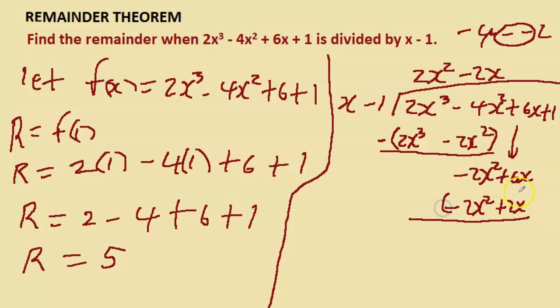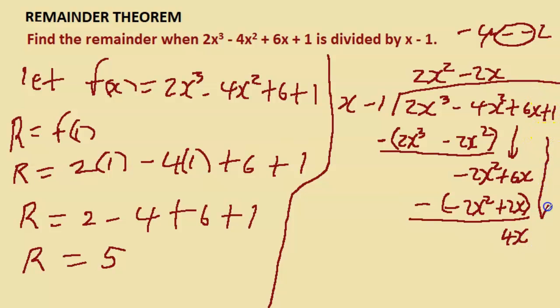And we subtract, and again, the subtract is always the term above minus the term below. So this becomes minus 2x squared minus 2x squared. So it becomes minus 2x squared plus 2x squared, because double negative here, we get plus 2x here. So these cancel each other out, giving us 0, right? And then we have 6x take away 2x. That's 4x, right? We bring forward positive 1 here.